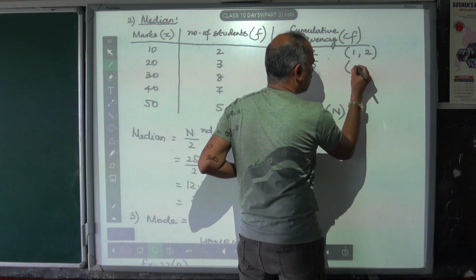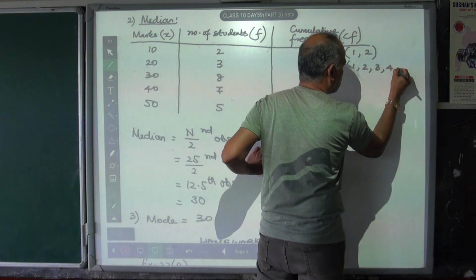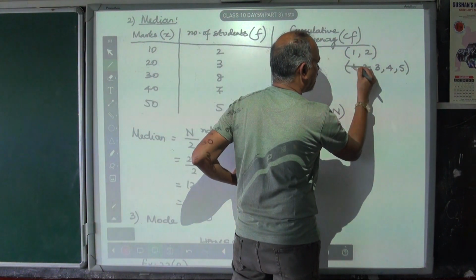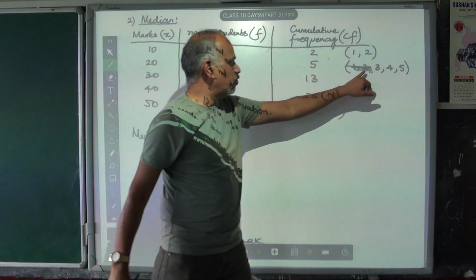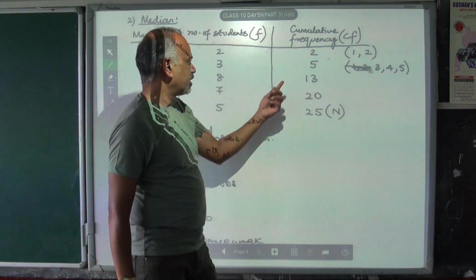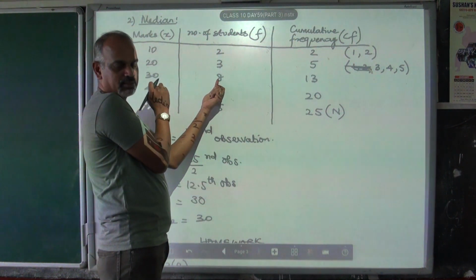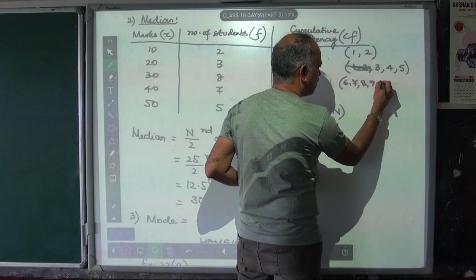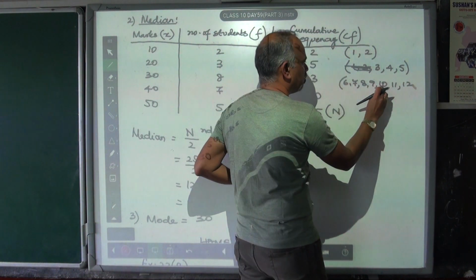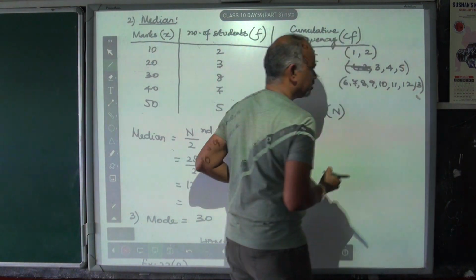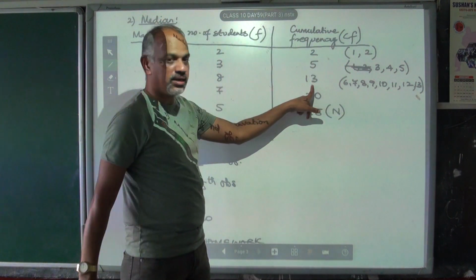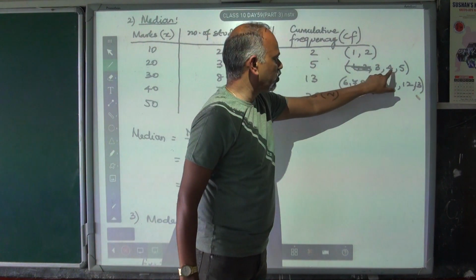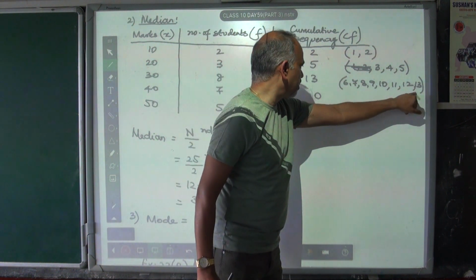So this one has 1, 2, 3, 4, 5. Actually, 1 and 2 are already here, so we leave out 1 and 2, and we have the 3rd, 4th and 5th student here. The next 8 students got 30 marks, that is after 5, so 6, 7, 8, 9, 10, 11, 12 and 13. So the first and second student are here, the third, fourth and fifth student are here, and the 6th to 13th student are here.